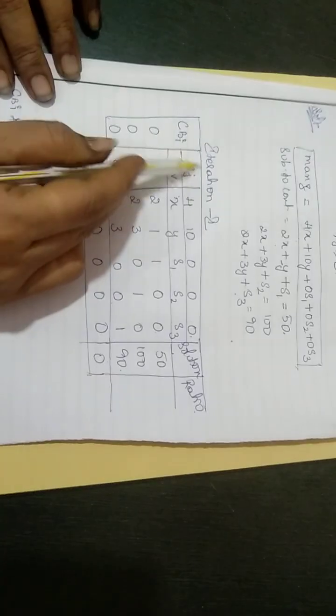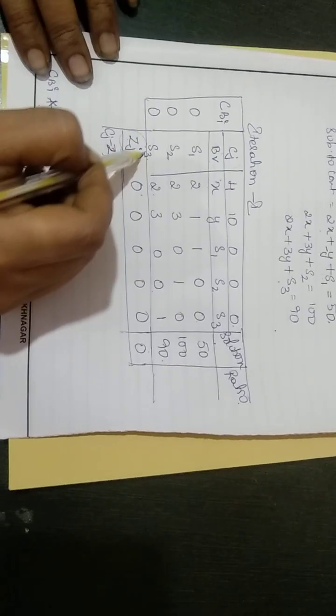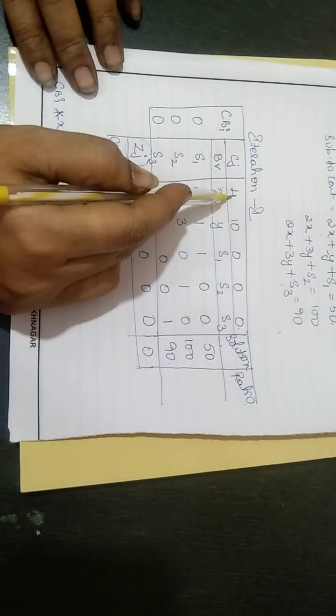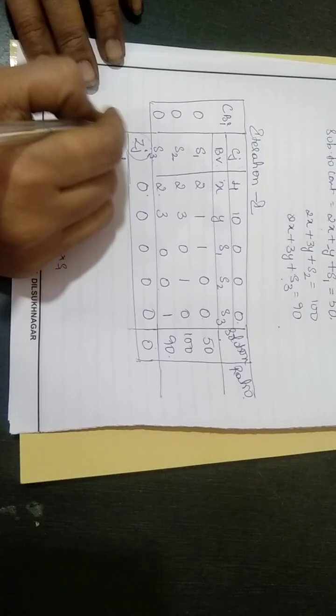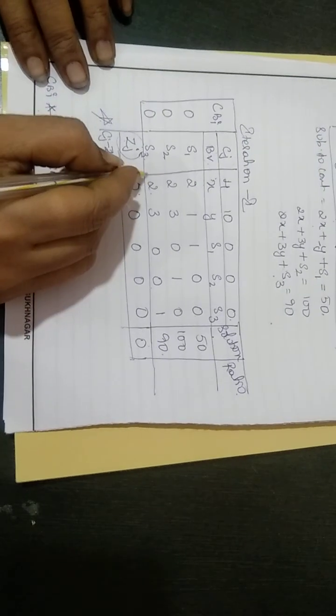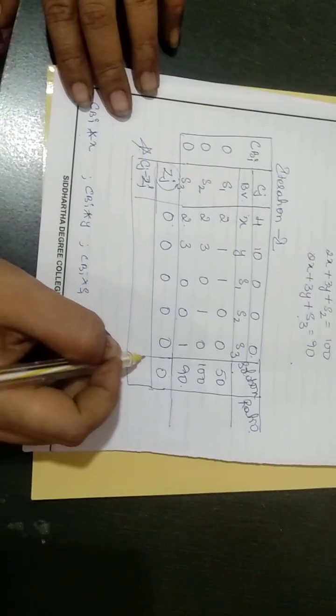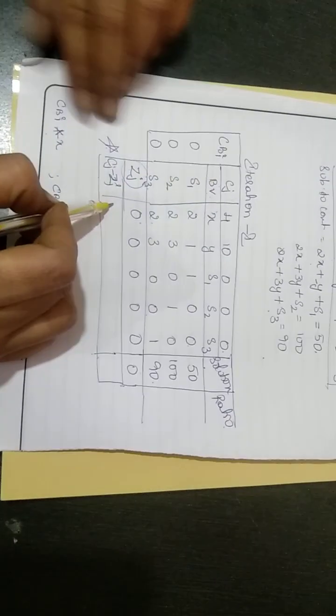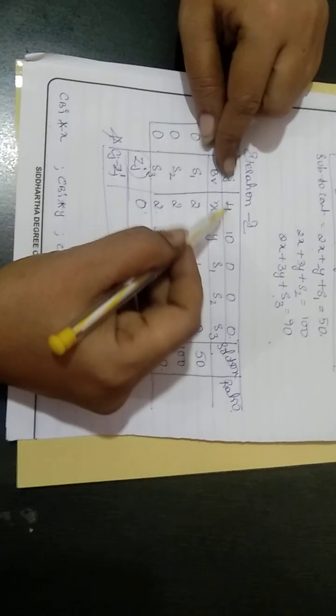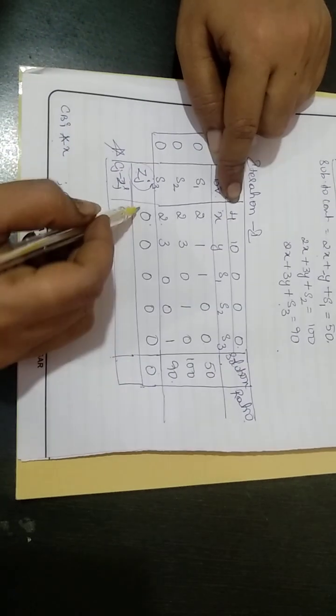So Cj are these values, Zj are these values. This part is very important because it tells us whether we have to stop here or continue. That is the reason it is a must that I find my Cj minus Zj. So Cj is 4 minus 0 is equal to 4.